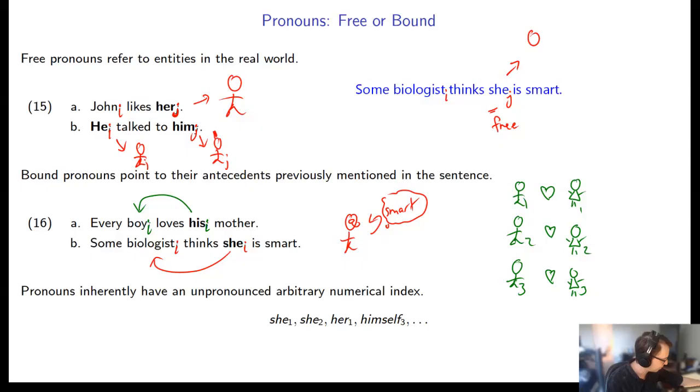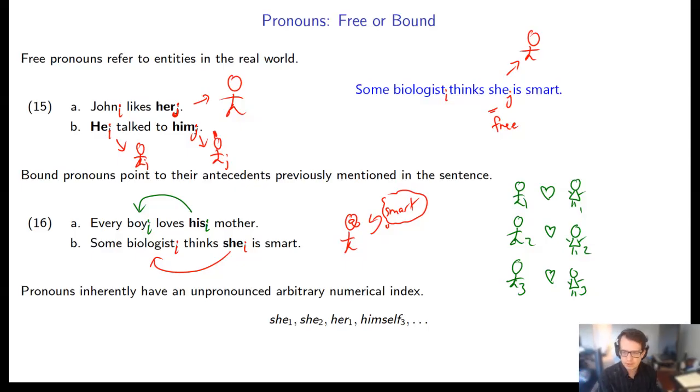So this would be someone else. So the indices help us figure out if it's free or bound in our cases. The brain is doing its own thing. It's choosing its preferred interpretation, but in semantics, we predefine which one we're looking at.